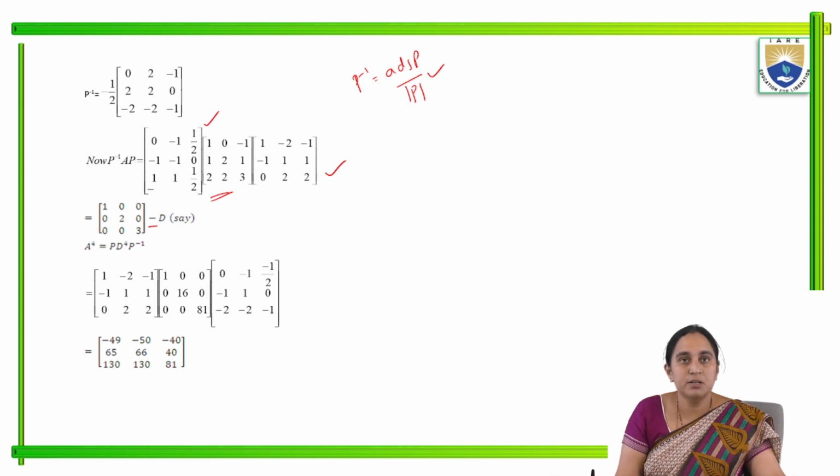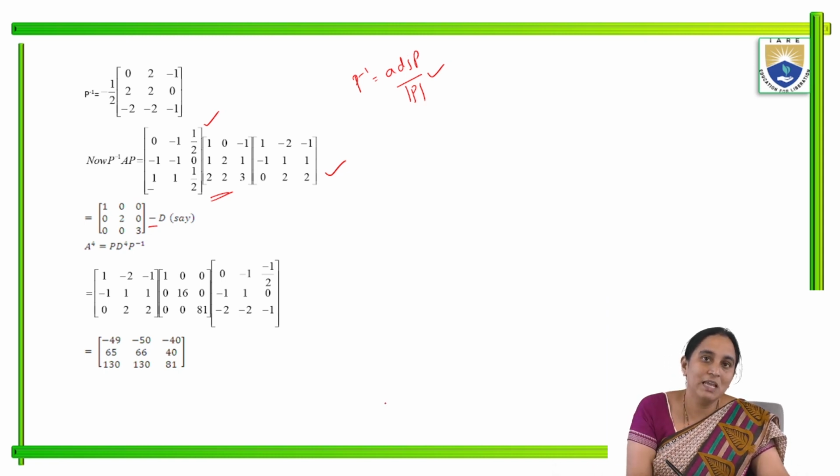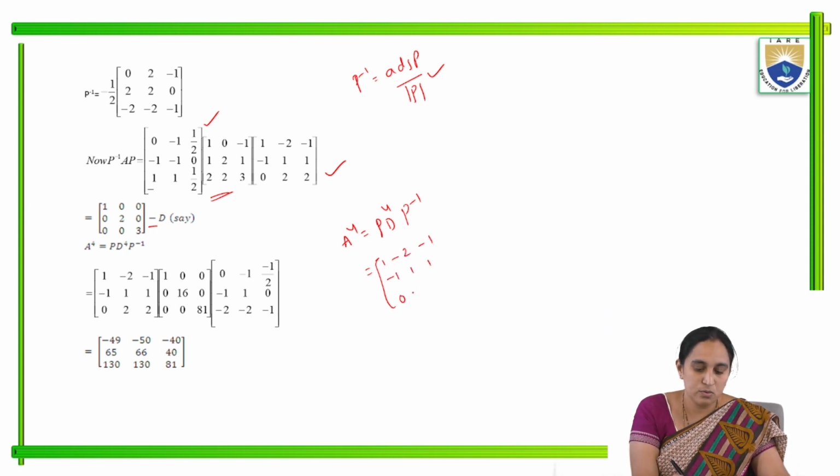In continuation, what they are asking in the question is the calculation of A power 4. What is the formula for A power 4? A power 4 is equal to P into D power 4 into P inverse. What about P? P means the model matrix, that is 1, -2, -1, -1, 1, 1, 0, 2, 2.